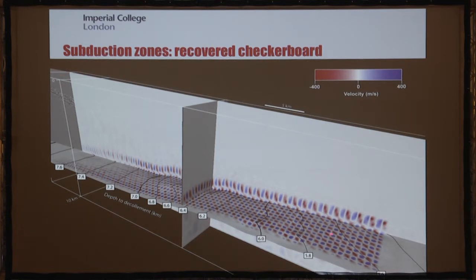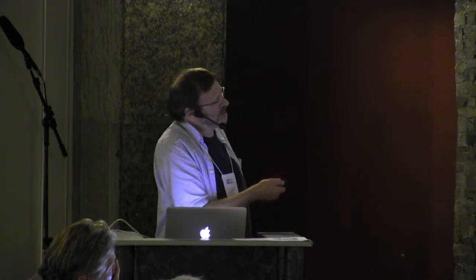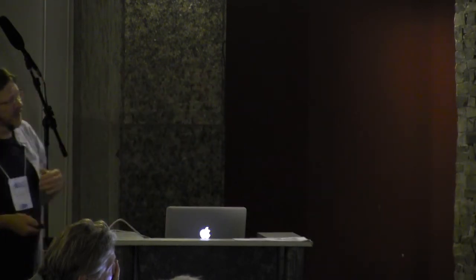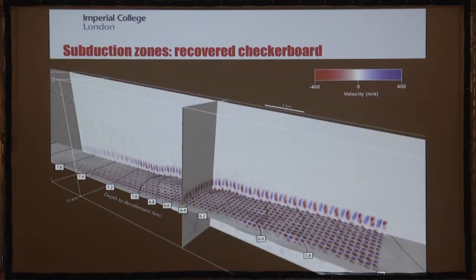So this plane in grey here sits on the subducting surface, and we've made a model based on travel time tomography, and then put a checkerboard pattern on that interface, and then used our experiment, used where the OBSs and so forth are going to be, to see if we can recover the checkerboard.